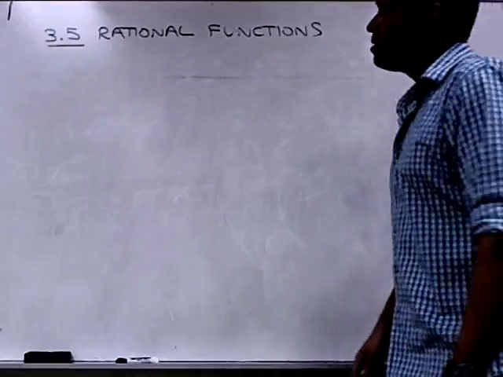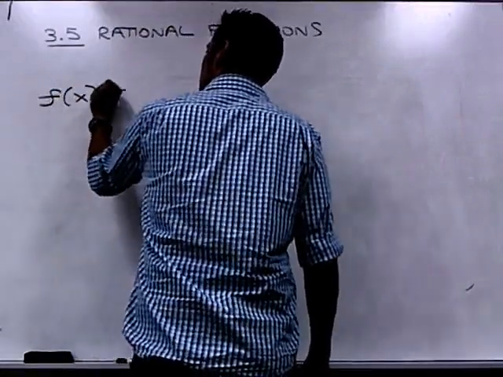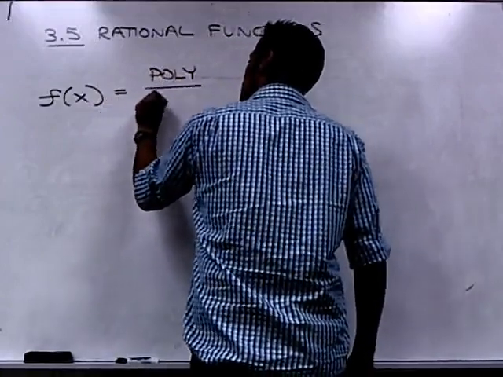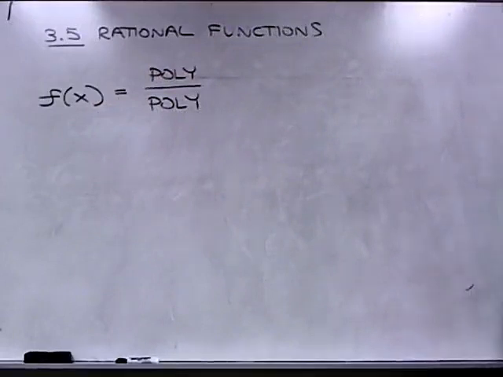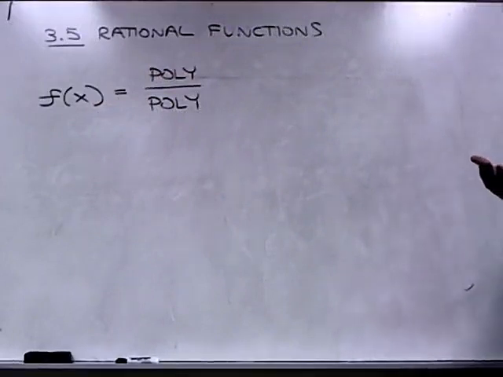So first of all, what is a rational function? Well, a rational function is any function that looks like this. It's a polynomial divided by another polynomial. I'm just going to put poly over poly. Now, what are polynomials? That's what we just studied, right? So take one of the things that we just graphed and divide it by another one.